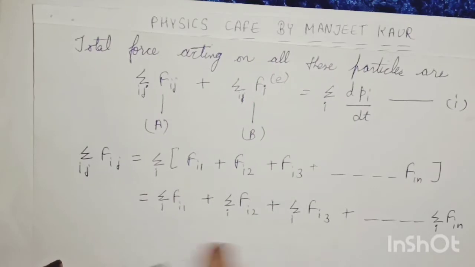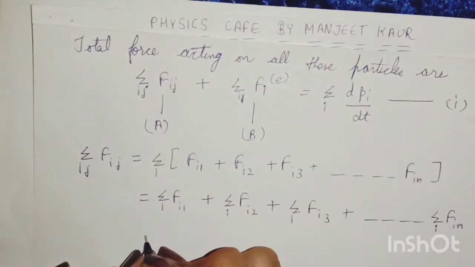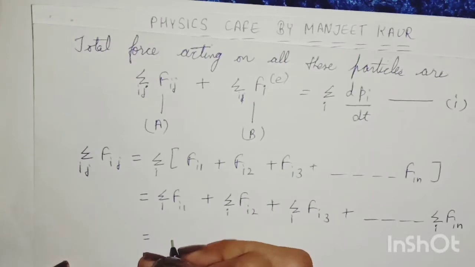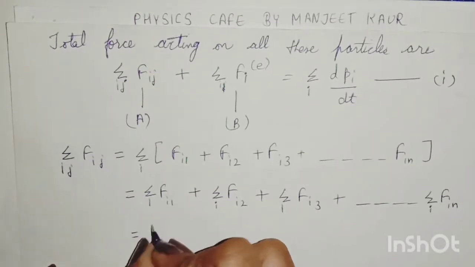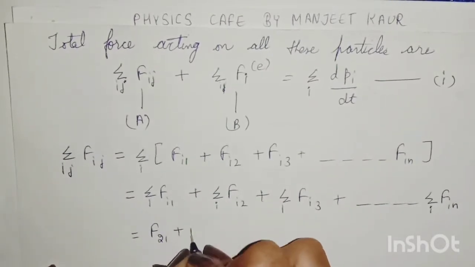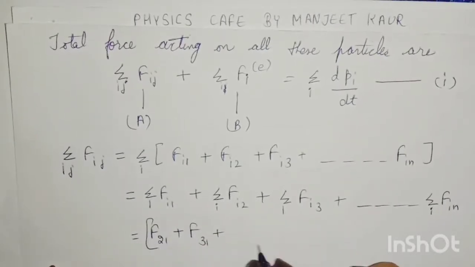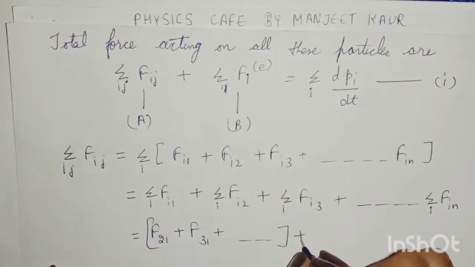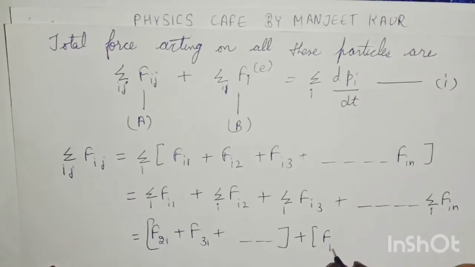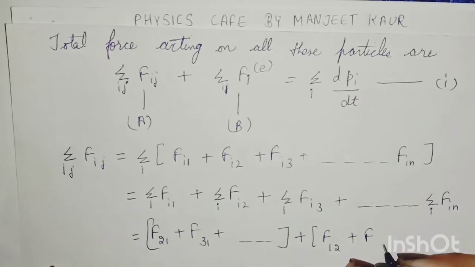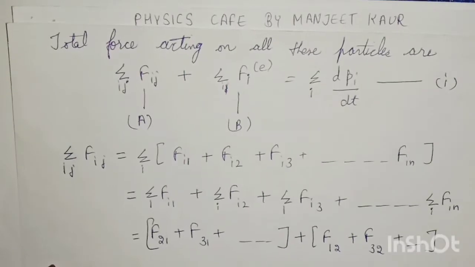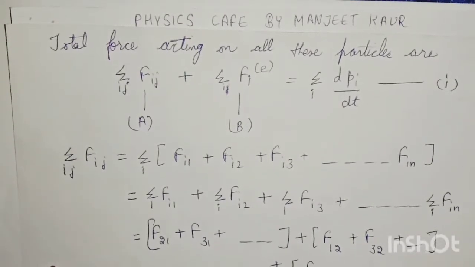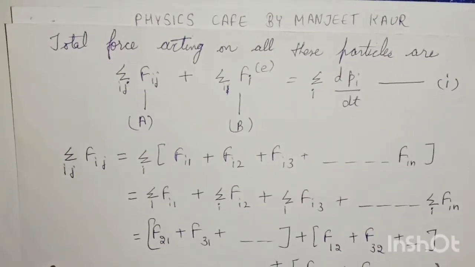Now we can write F21 plus F31 and so on, plus F12 plus F32 and so on, plus F13 plus F23 and so on.